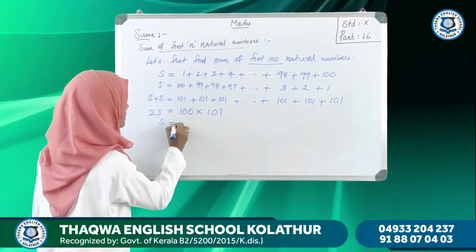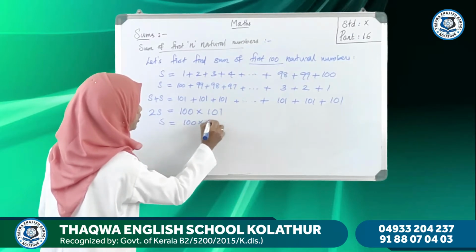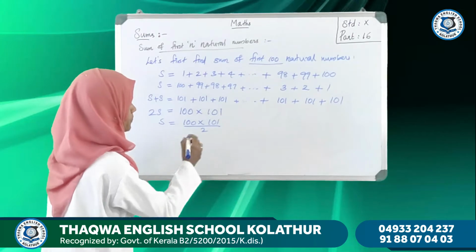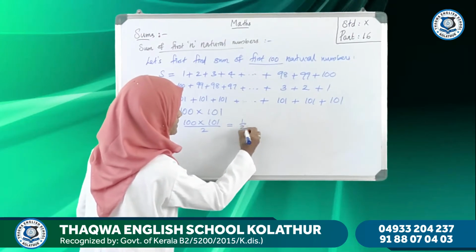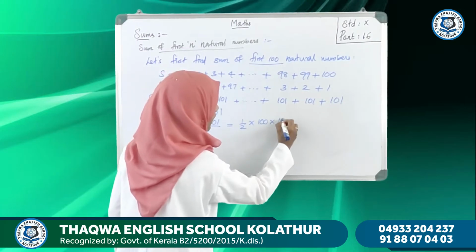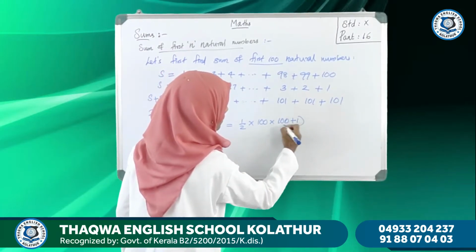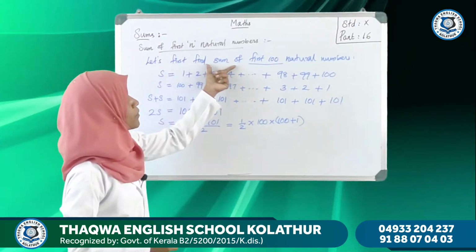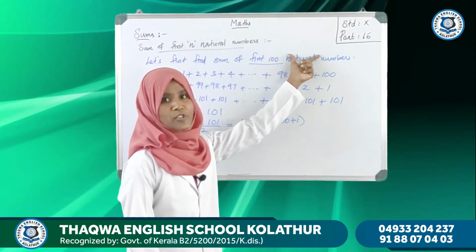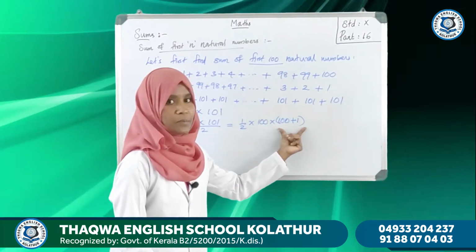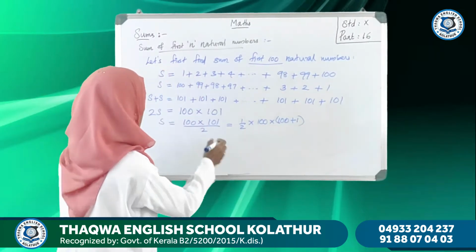From this, S equals 100 into 101 by 2, or this can be written as half into 100 into 100 plus 1. So the sum of the first 100 natural numbers is half into 100 into 100 plus 1.